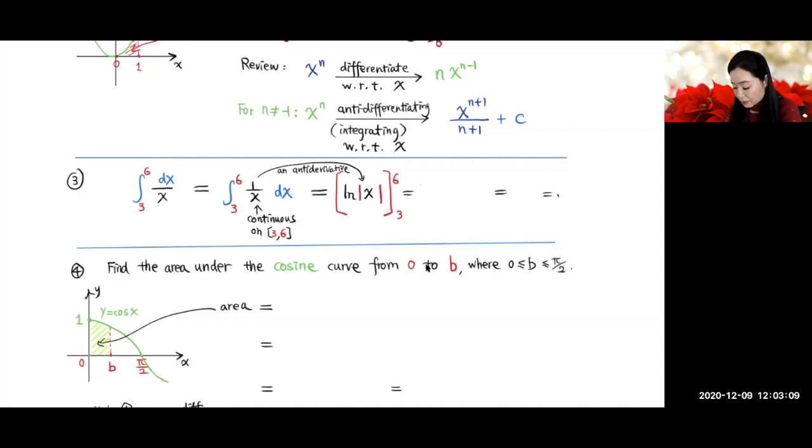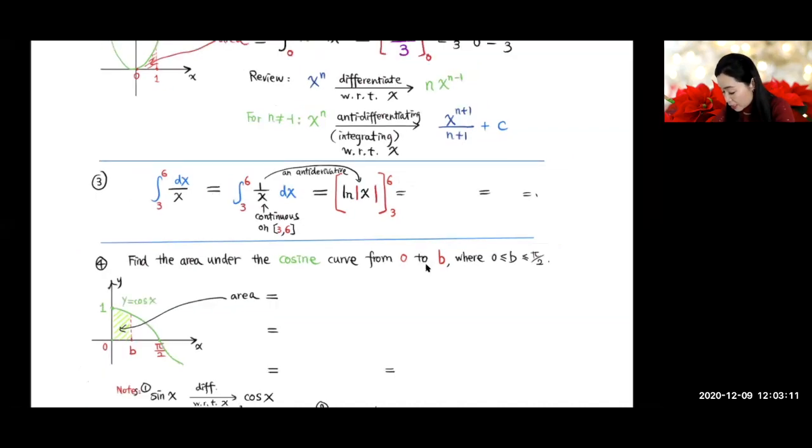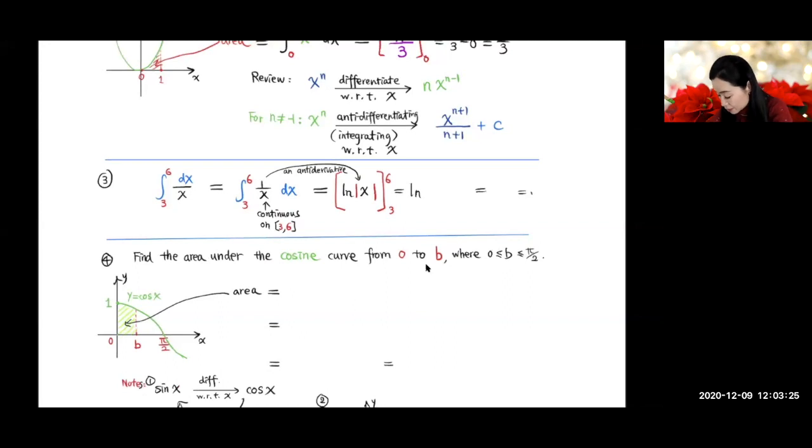So we will have ln of 6 subtract ln of 3.